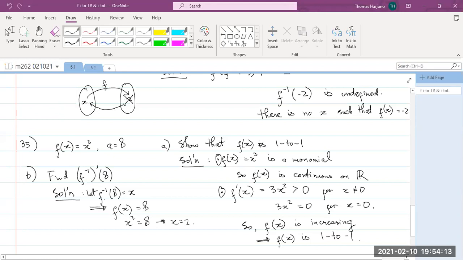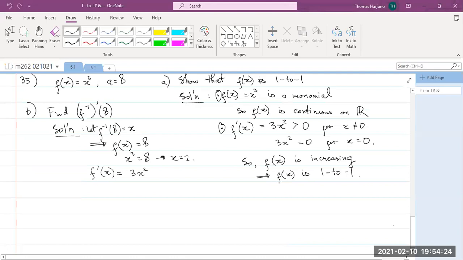Now that's the first part. The second part is to find the derivative of the function: f prime of x equals 3x squared. Then according to that theorem, the derivative of the inverse function at 8 equals 1 over the derivative of the function at the inverse of 8.